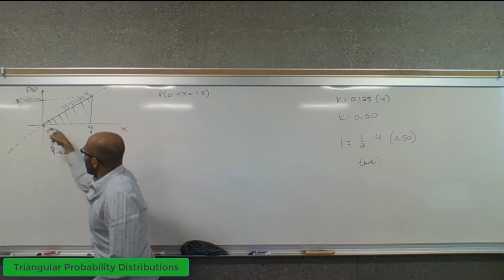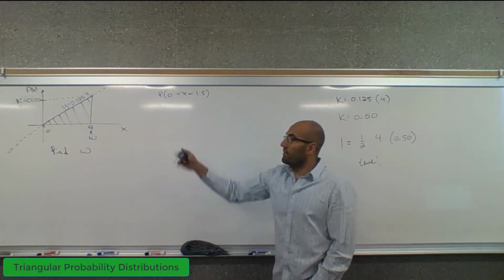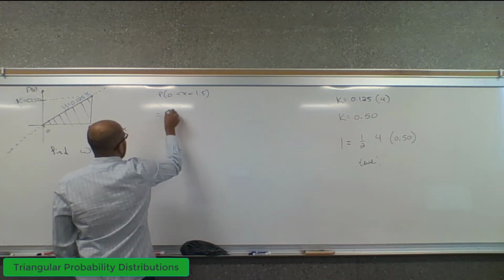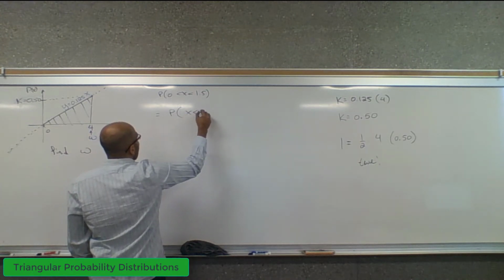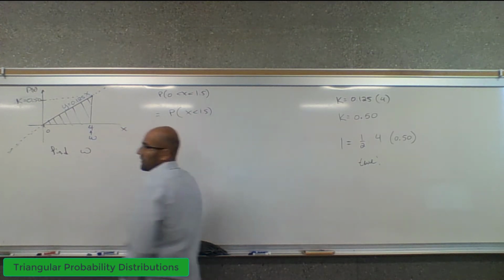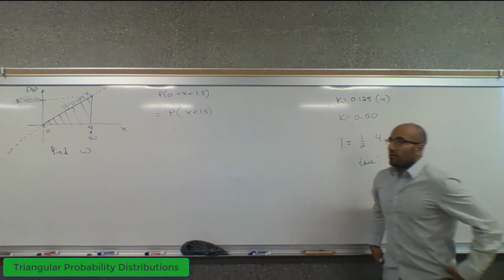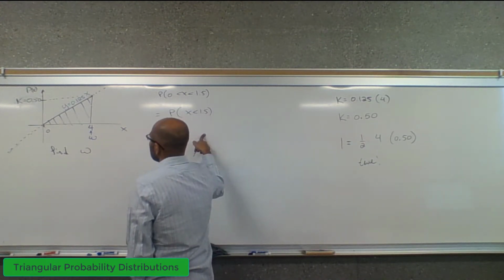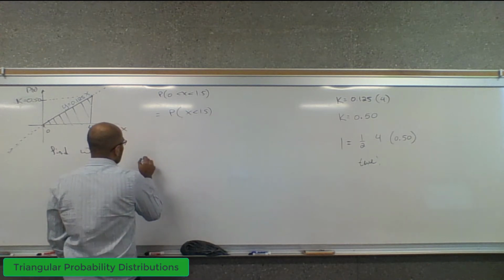Well, we know that x can't be anything negative according to my distribution. So this is the same thing as just asking the probability that x is less than 1.5. Okay. And so that's going to be this triangle.